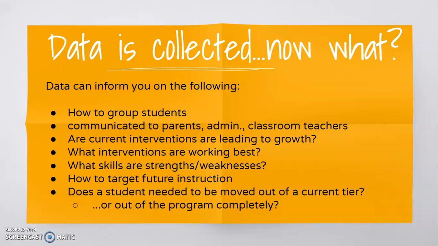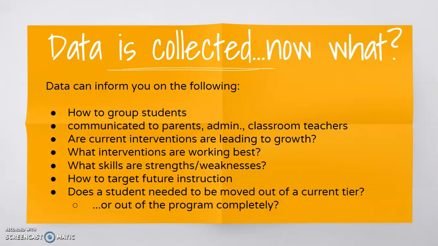So we collected all this data. Now, what the heck do we do with it? Well, from RTI, this is very, very useful in grouping students. This data also can be communicated to, again, parents, administration, classroom teachers. We can look at, okay, are current interventions leading to student growth? What are working best? And what skills for each student are strengths and weaknesses?